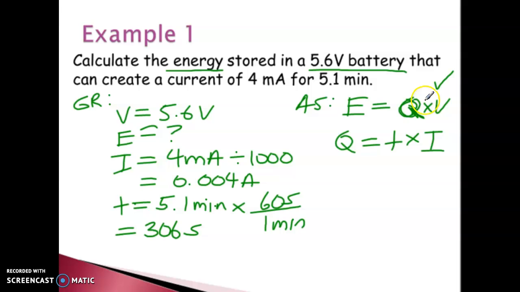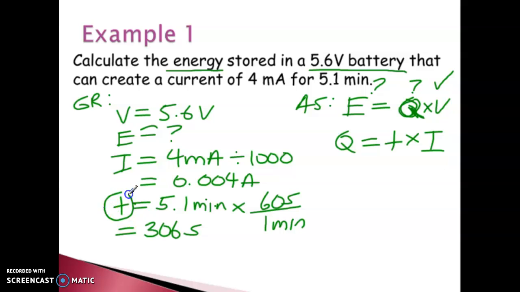Now you're probably wondering, why am I not using this Q formula to solve for it? Because we don't know E. If you have two items that are missing, we don't know E and we don't know Q, you have to use an alternate way of solving for one of the things you are missing.